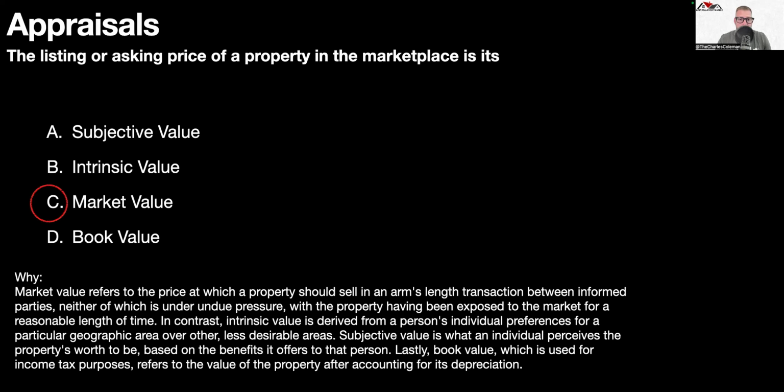In contrast, intrinsic value is derived from a person's individual preferences for a particular geographic area over another less desirable areas. Subjective value is what an individual perceives the property's worth to be based on the benefits it offers to that person. Lastly, book value, which is used for income tax purposes, refers to the value of the property after accounting for its depreciation.